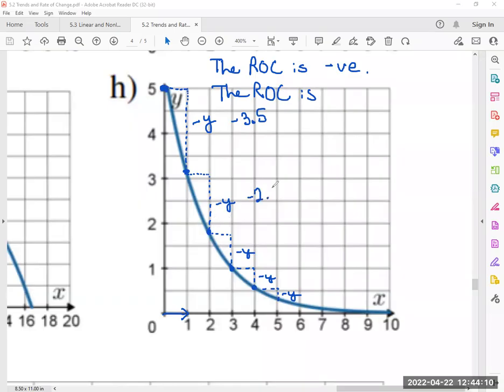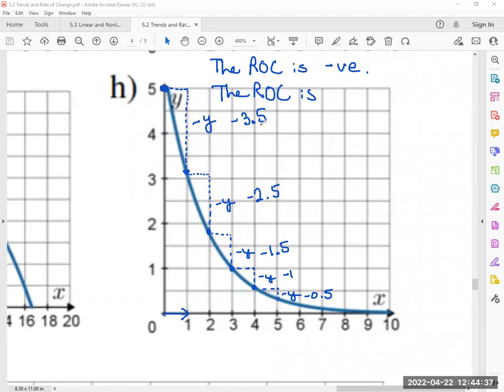The second step, I went down by negative 2.5. What about the third box? 1 box and a bit. Here, I went down by approximately negative 1.5. What about the next one? About 1. What about this one? About half.